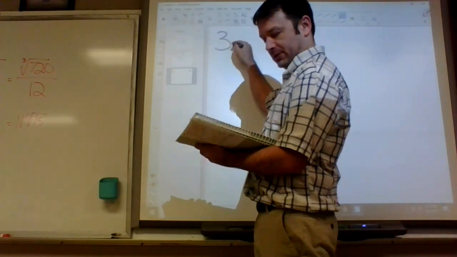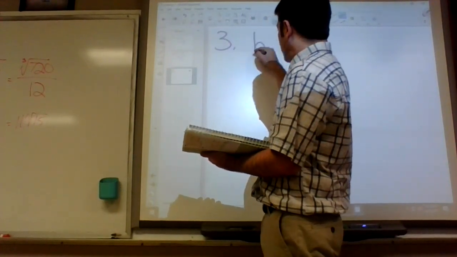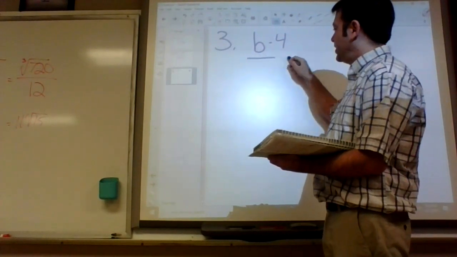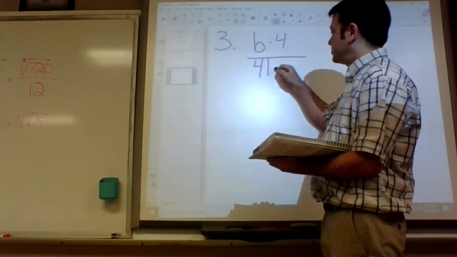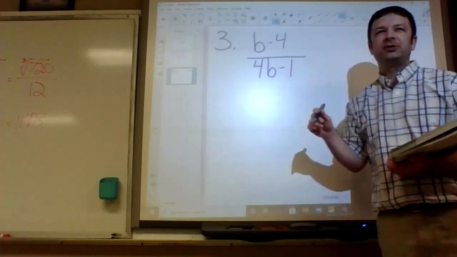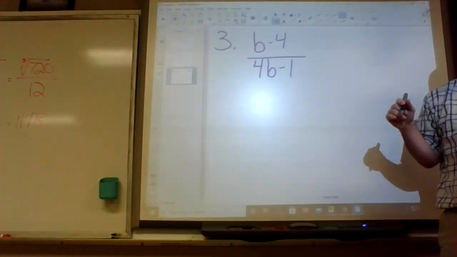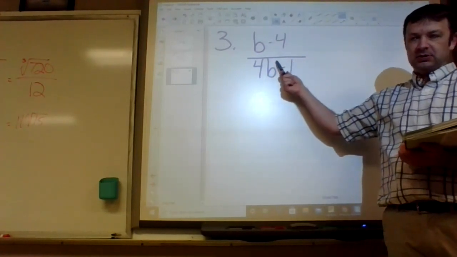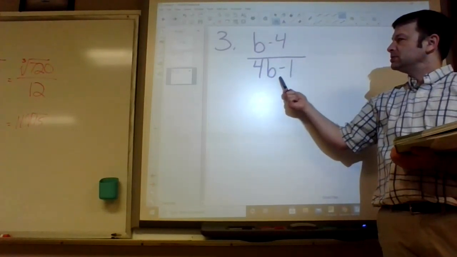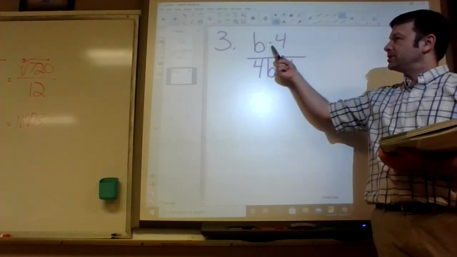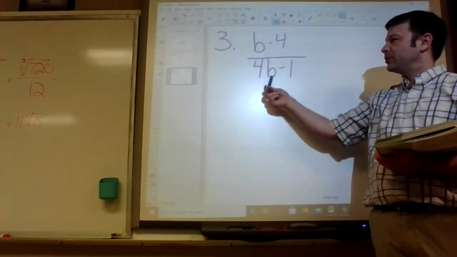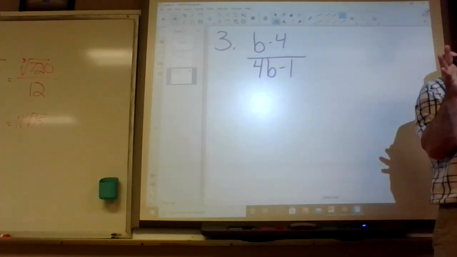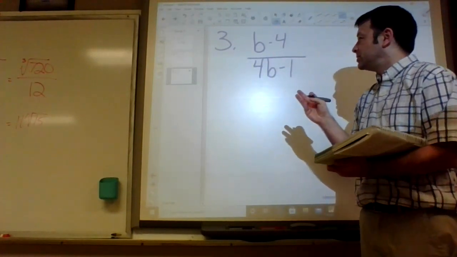Number 3. x minus 4. Okay, if this were a fraction and I was trying to reduce it, would that reduce? Does this reduce at all? No, they're not the same thing. I can't take a 4 out or anything, so no, it doesn't reduce. They don't have anything that we know of in common.